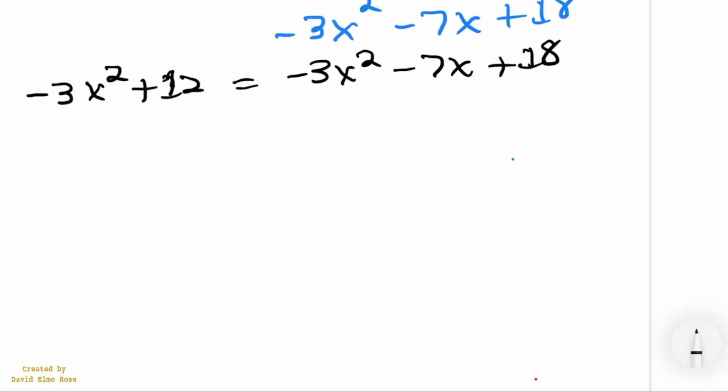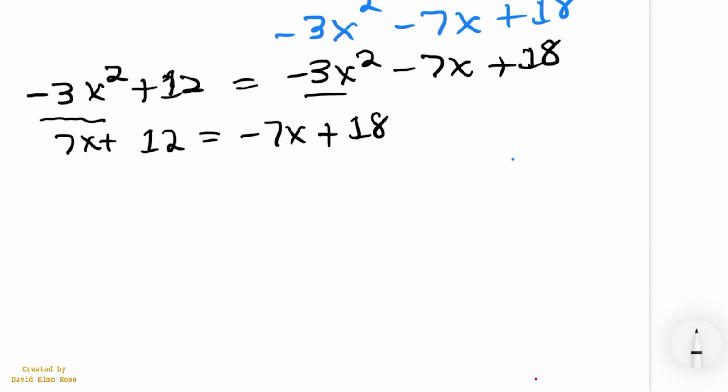So I think you can see that if we add plus 3x squared to both sides, these go out, and we're left with 12 is equal to minus 7x plus 18. Now if we add 7x to both sides, we have 7x plus 12 is equal to 18.